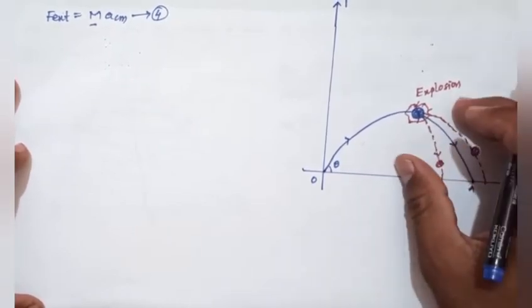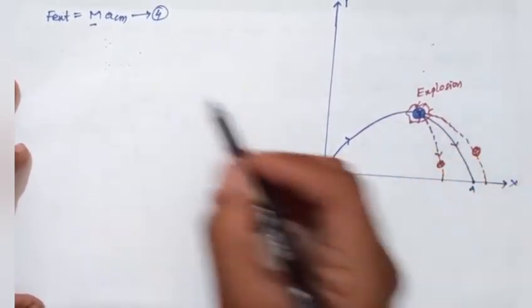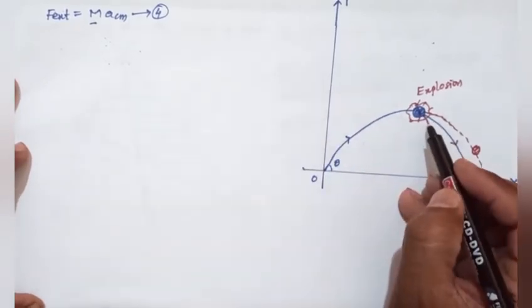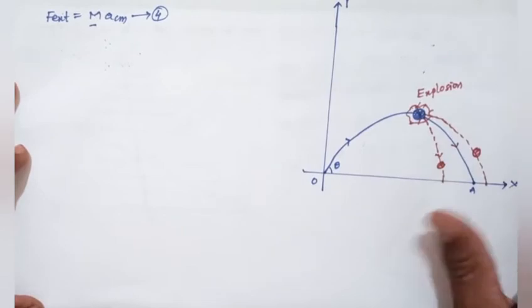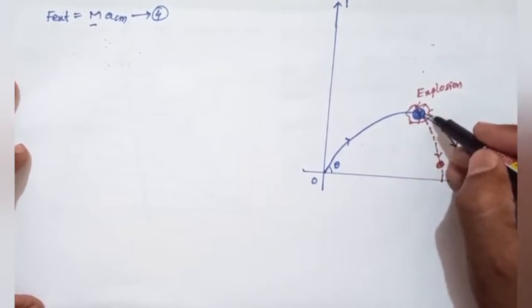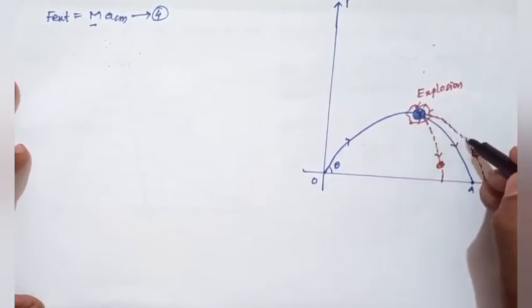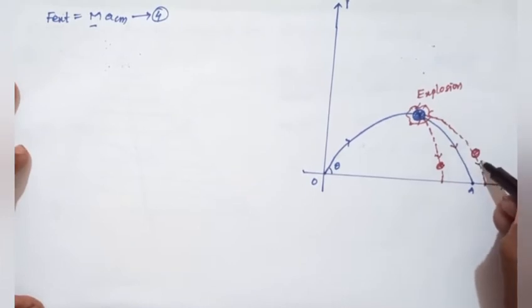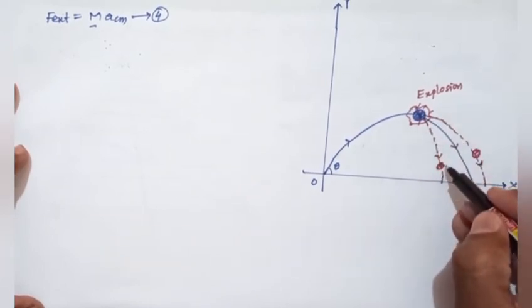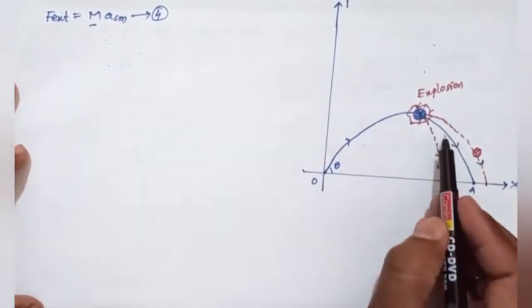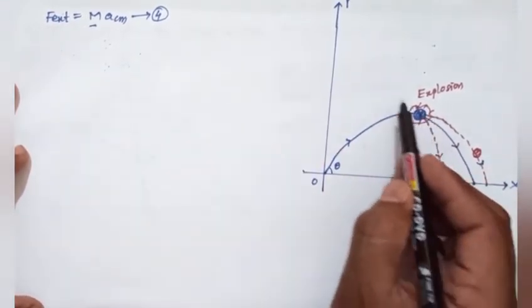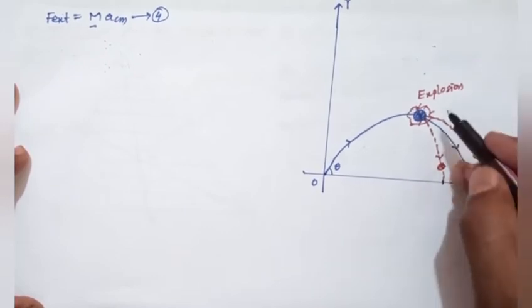So when it explodes, the two fragments move like that. One particle moves in one direction and the other particle moves in another direction, but the center of mass of these two particles cannot change.